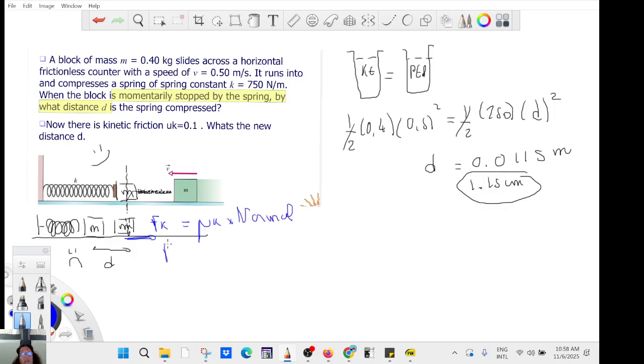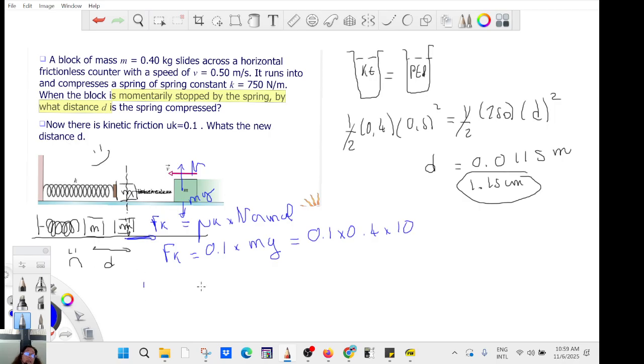Kinetic friction is constant, so it's going to be 0.1, and the normal force equals the weight, mg. So 0.1 times 0.4 times 10. That will be the kinetic friction.